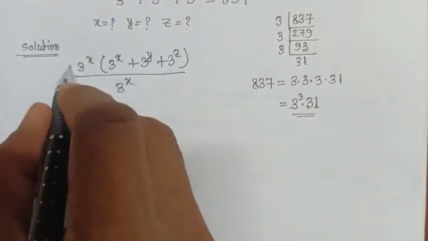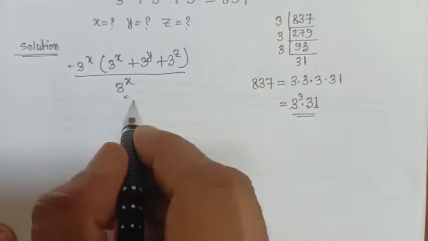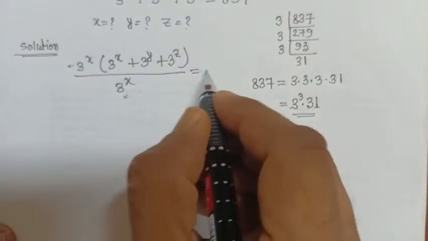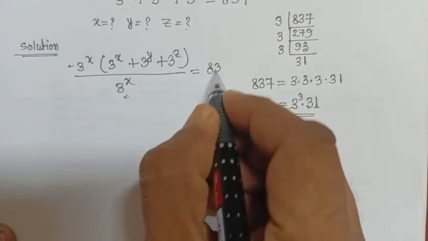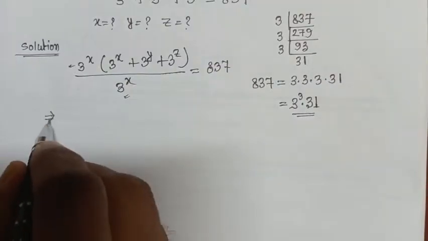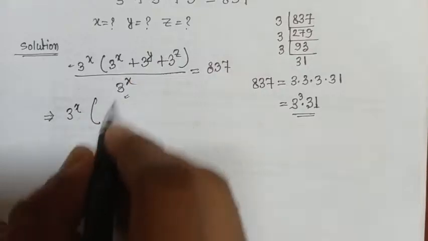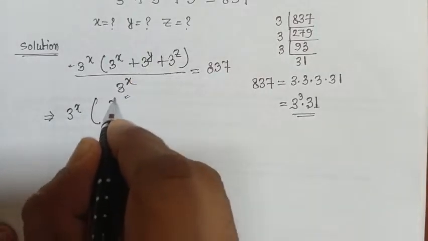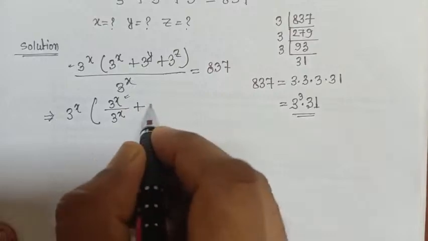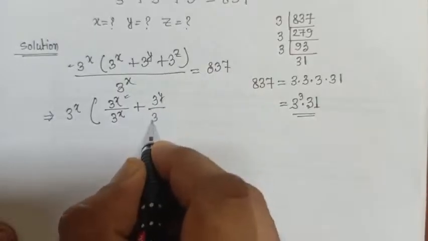We multiply by 3 to the power x and divide also by 3 to the power x, only on the left hand side, and the right hand side should be 837, the same. If we divide the right hand side by 3 to the power x, split them, then we will get like this.